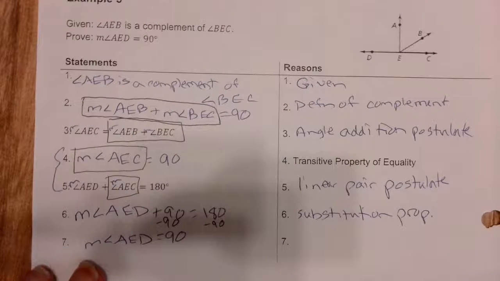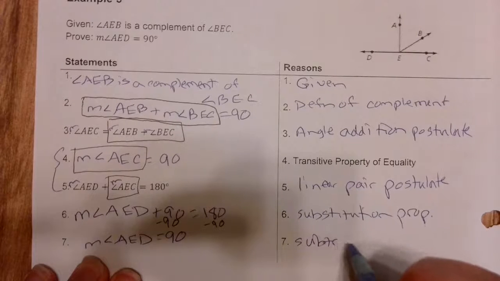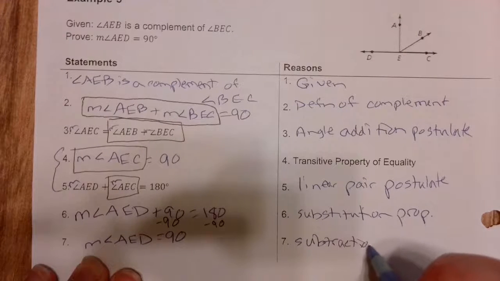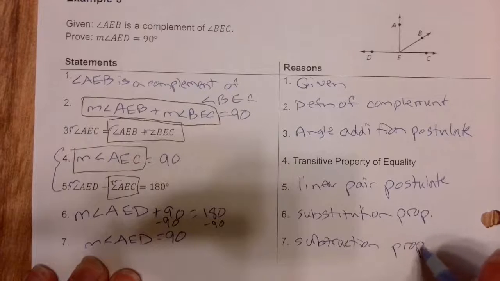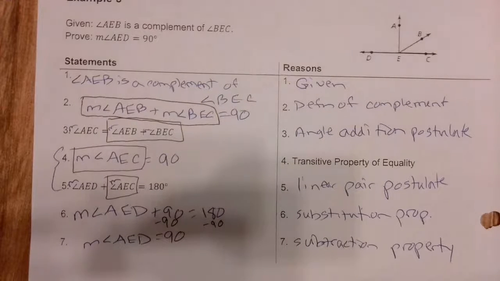Minus 90, minus 90. Reason? Subtraction property. At this point in time, you should have enough examples. Use the train your brain and give those proofs a try.